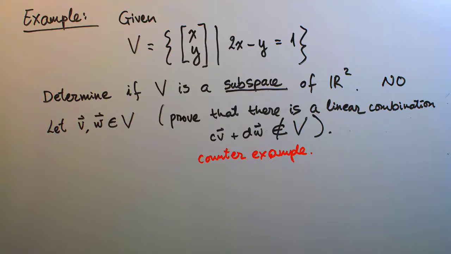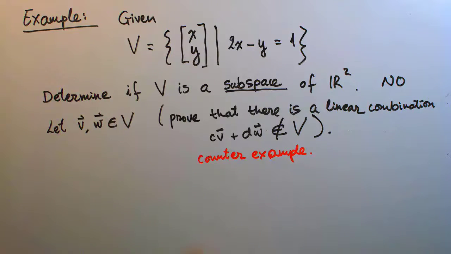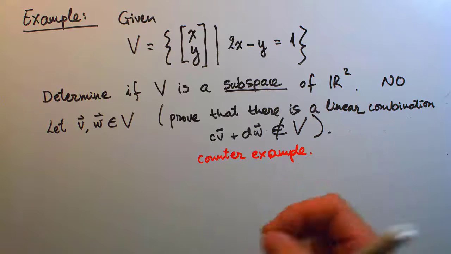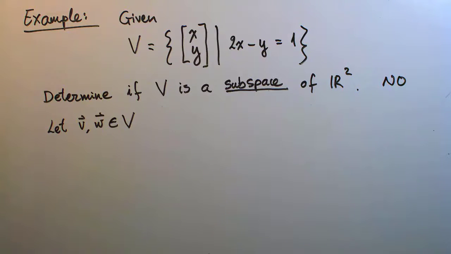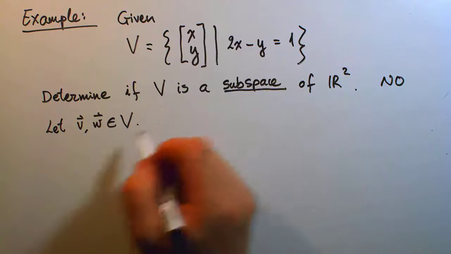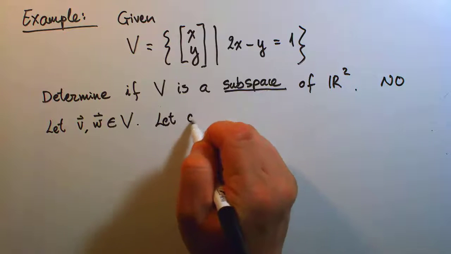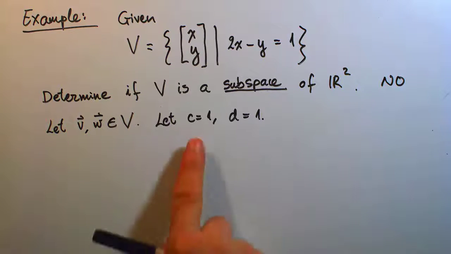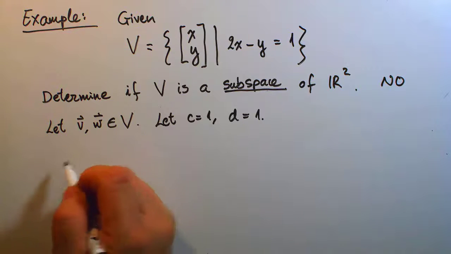All right, so I already said ahead of time that this set V is not a vector space. So let's now find a counterexample to prove that there is a linear combination that's not inside of V. Well, I can think of two scalars, let C equal 1 and D equal 1.